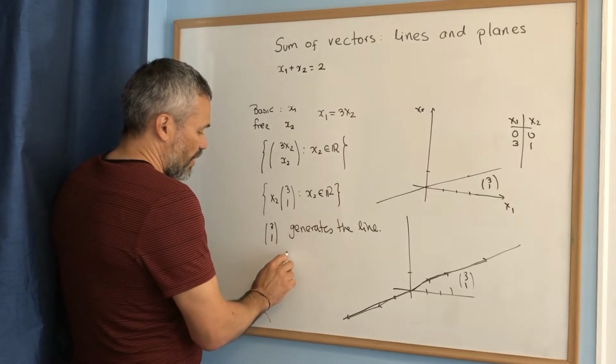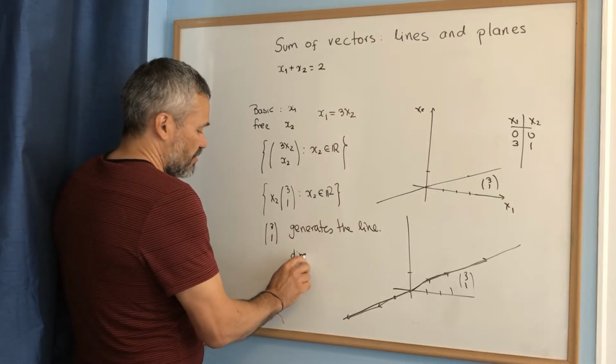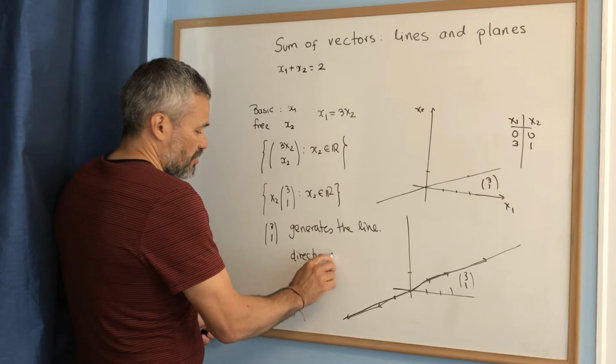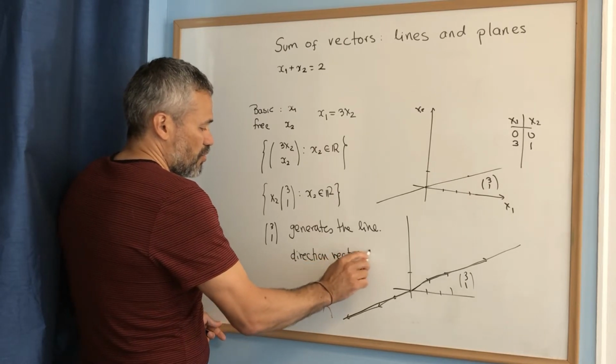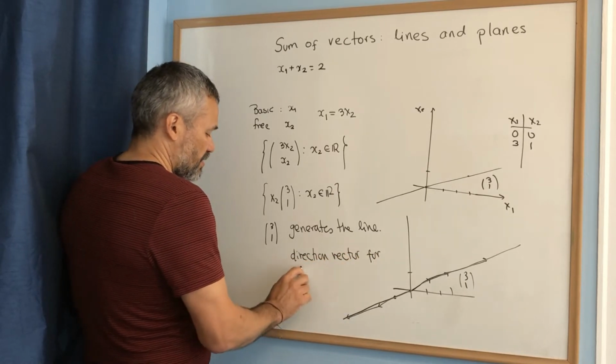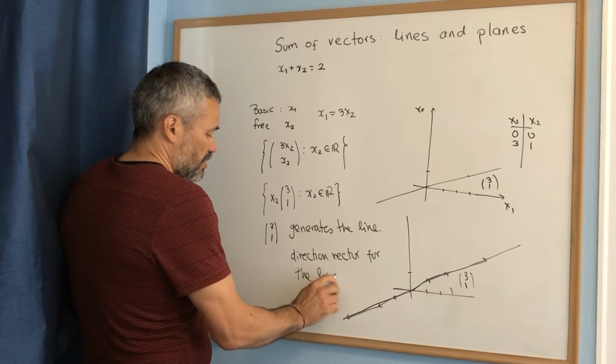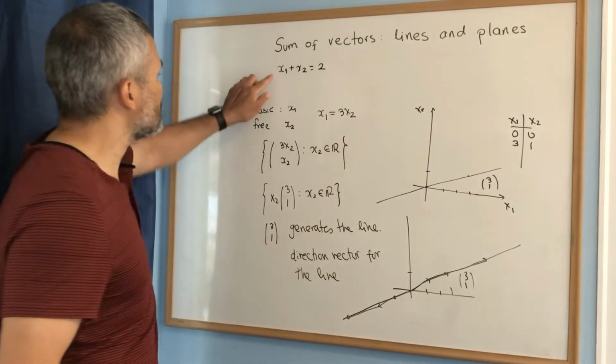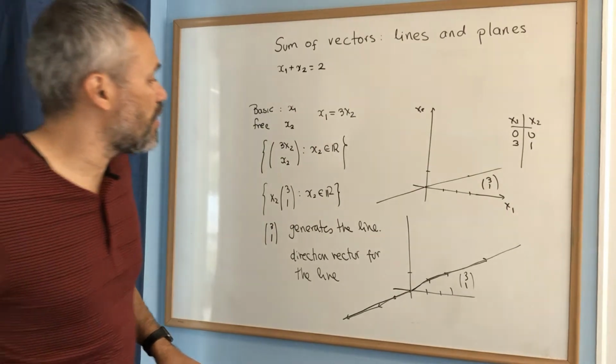Sometimes we say that 3, 1 is a direction vector for the line.